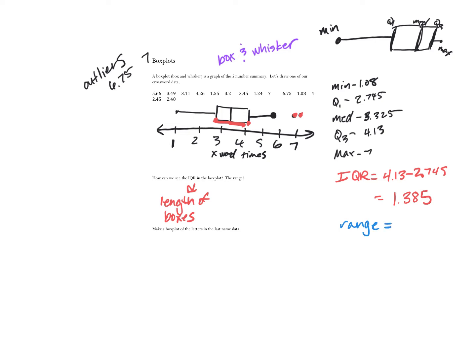The range is the distance between the minimum and the maximum. So in this case, it would be 7 minus 1.08, which is 6.92. And the way we see it is we look at the distance between the min and the max. That's my range.